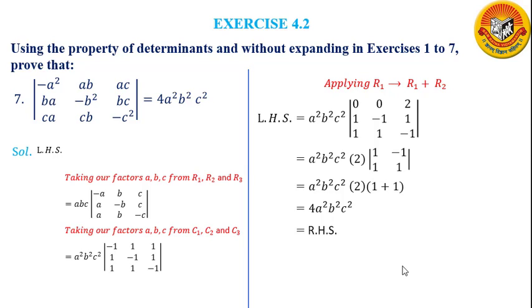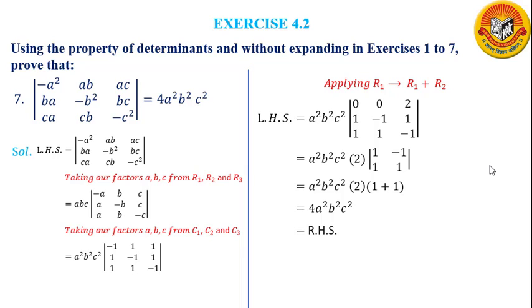So see how we are solving the problems. Yes, I know that they are a little difficult. You have to keep on practicing to get the answers. Okay. So I hope you have understood how we can apply the property and find out the determinants.